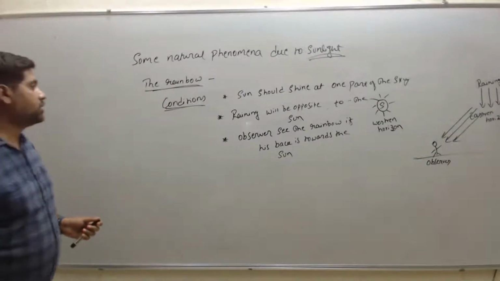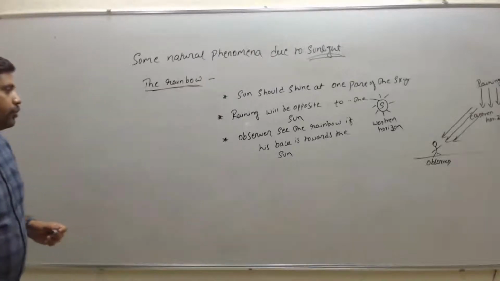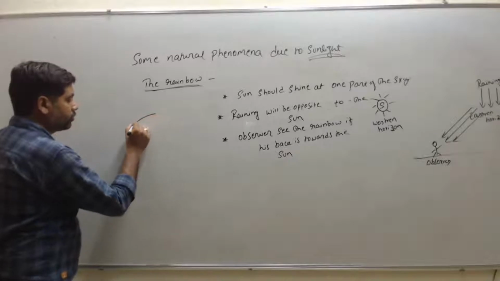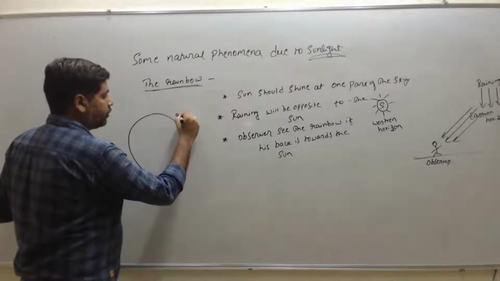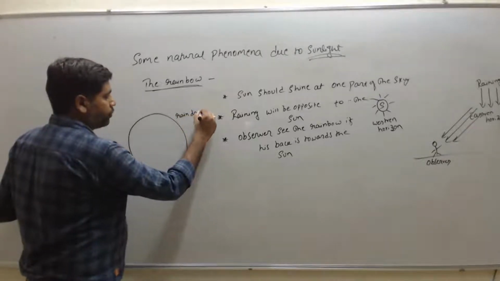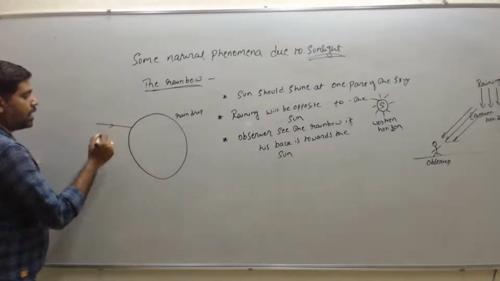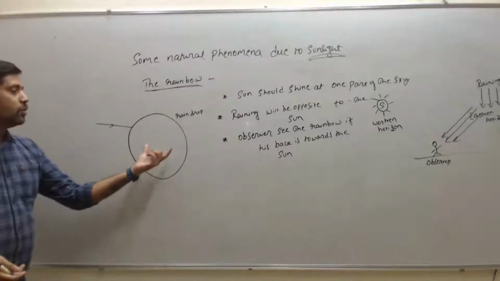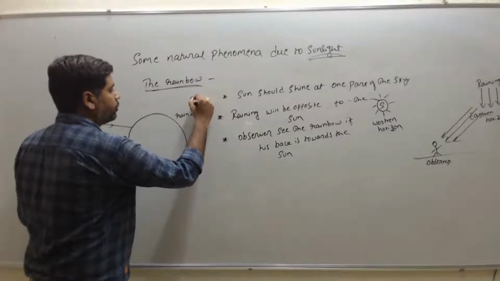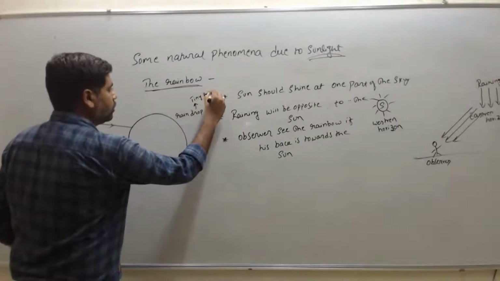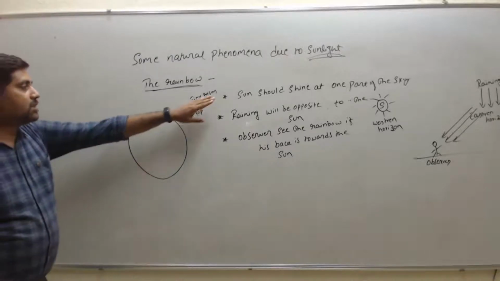So next we study how the rainbow forms step by step. Consider one raindrop. It is spherical in shape. As light enters the raindrop, this raindrop acts as a tiny prism.